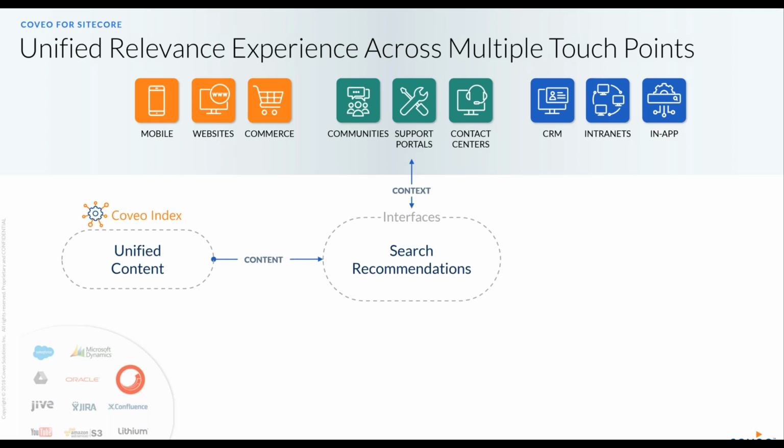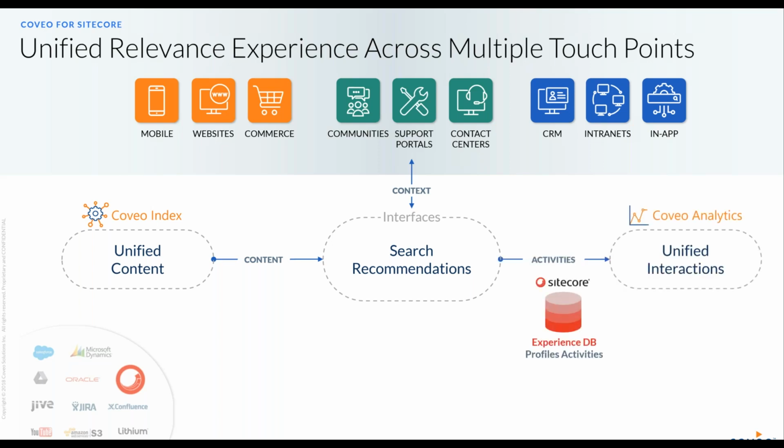Now, what we provide is unified content. So as I mentioned earlier, you can see on the bottom left how we have Sitecore and Lithium and Jira and even YouTube channels, 35 different types of connectors that all contribute into that unified index to provide us with search recommendations.